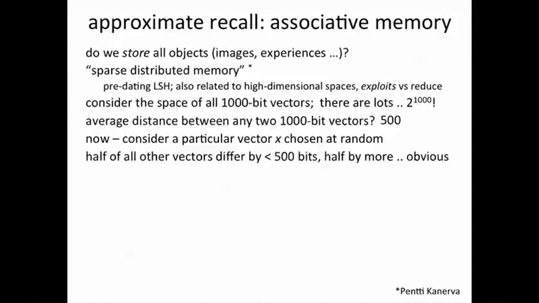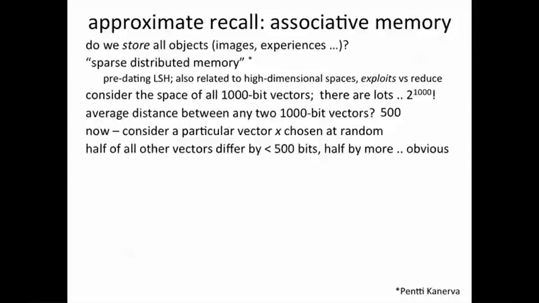That is, again, obvious by choice, by tossing a coin. The really interesting thing is when we ask the question, how many of all the other vectors differ from our chosen x by less than 450 bits. Now remember, half of the vectors differed by less than 500 bits. But how many differ by less than 450 bits?